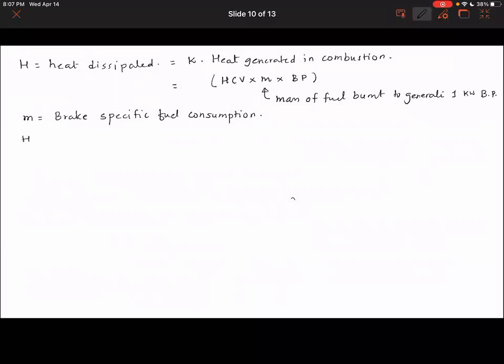The higher calorific value, HCV, depends on whether you have gasoline or diesel. For diesel, it's about 45 times 10 to the power 3 kilojoules per kg, and 47 times 10 to the power 3 kilojoules per kg for gasoline.